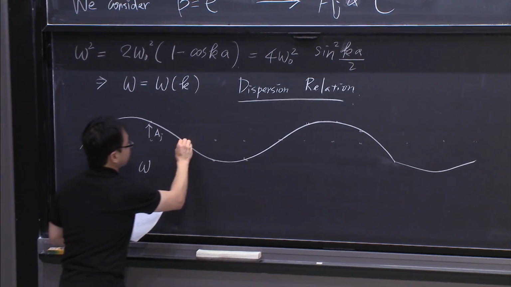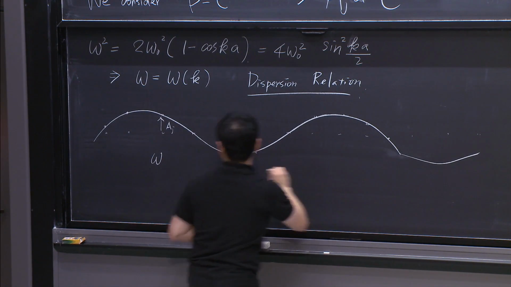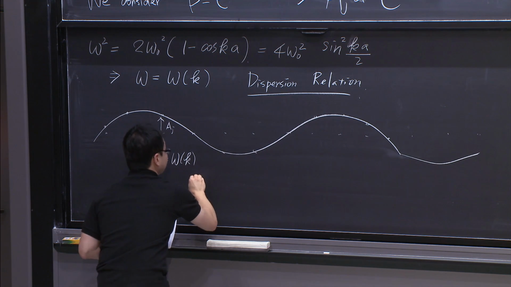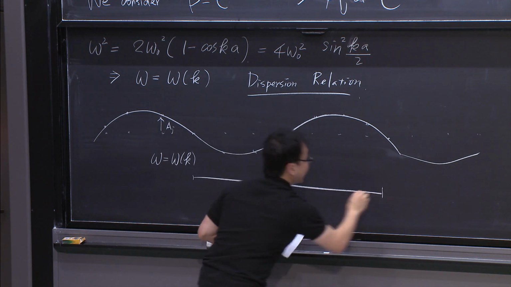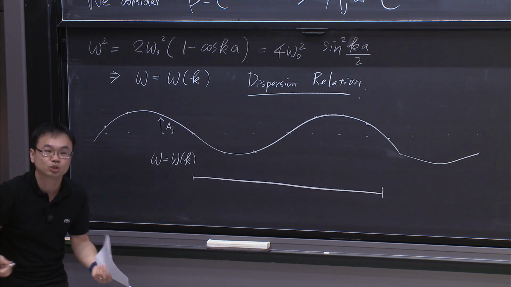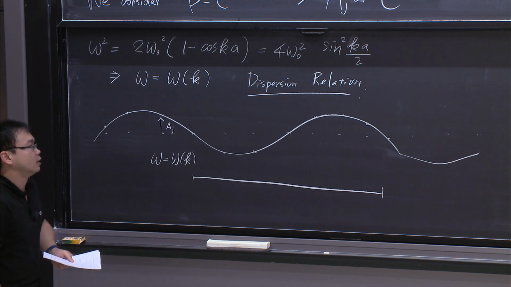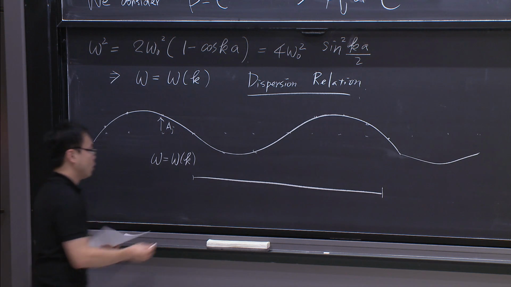And also, we learned that omega is equal to omega of k, and that is decided by how distorted the shape of the normal mode is.